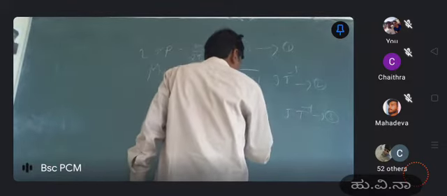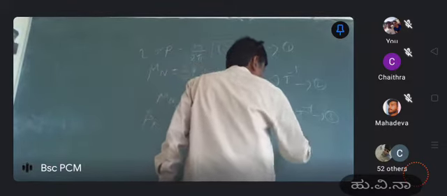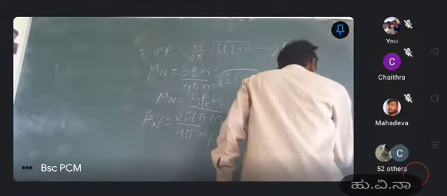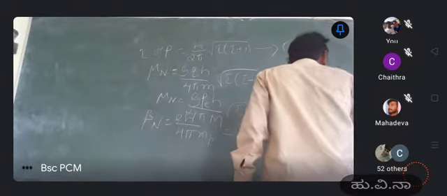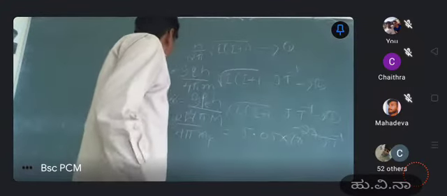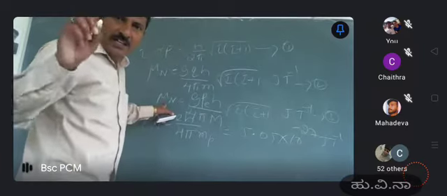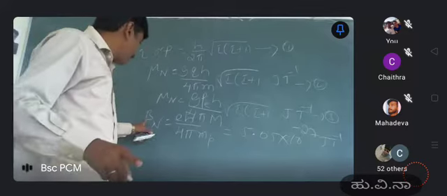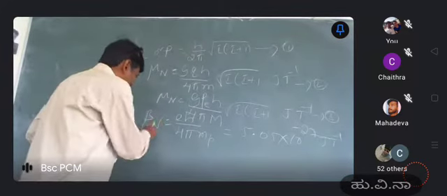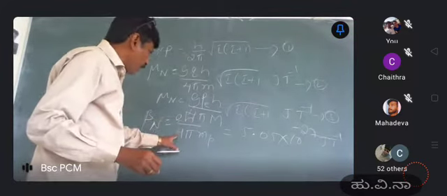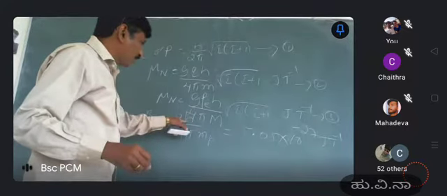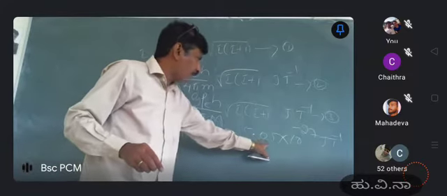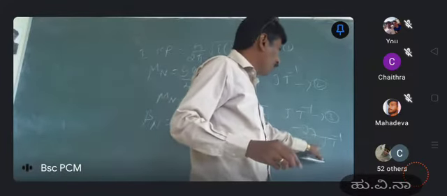It is always equal to 5.05 into 10 to the power minus 27 joule per Tesla.